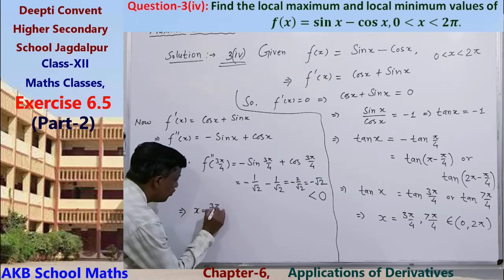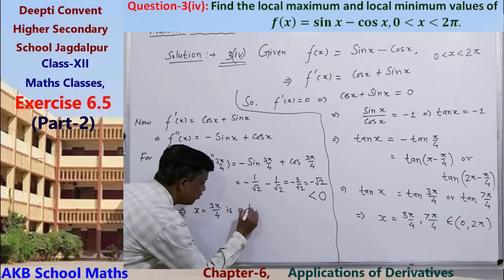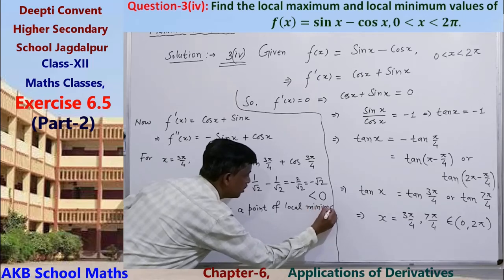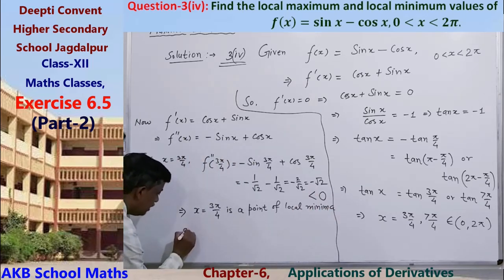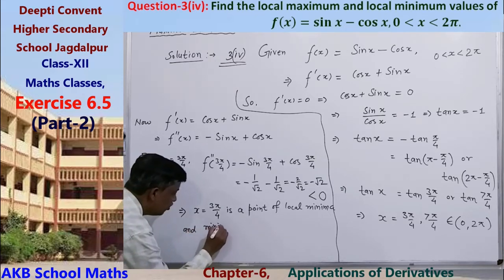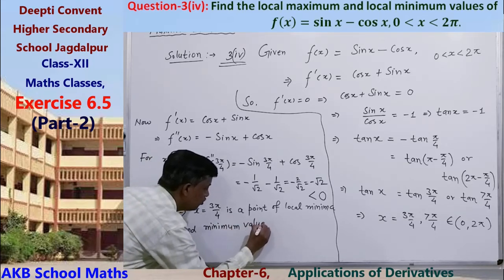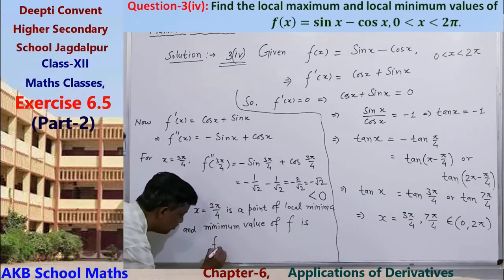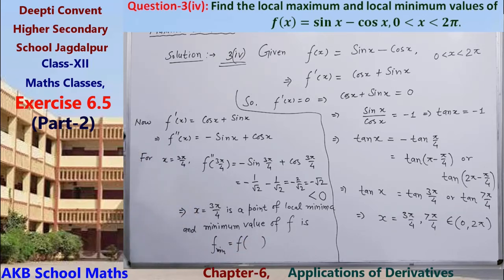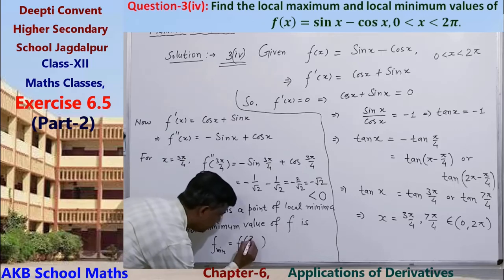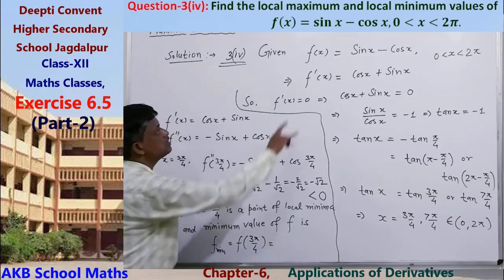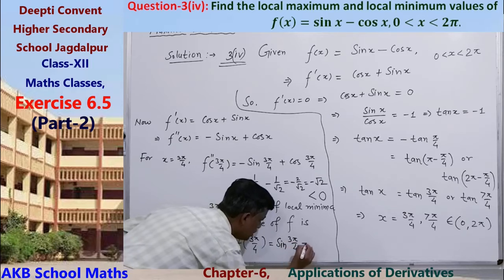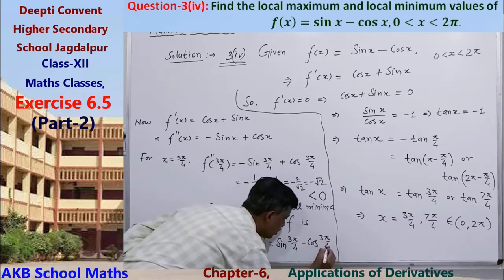X equals to 3 pi by 4 is a point of local maxima. And the maximum value of f is, find the value of f at this point, 3 pi by 4. f 3 pi by 4, with f equals to sine x minus cos x, that is sine 3 pi by 4 minus cos 3 pi by 4. Now you can solve it.